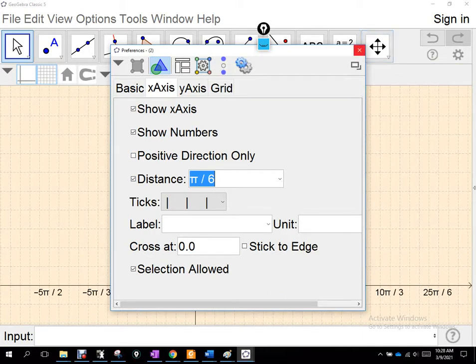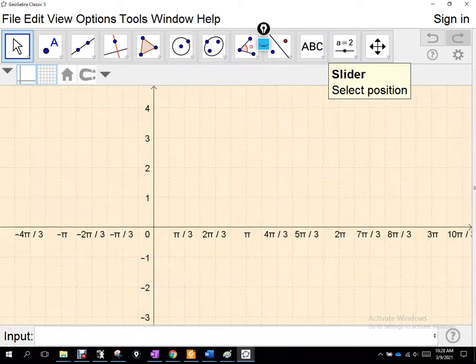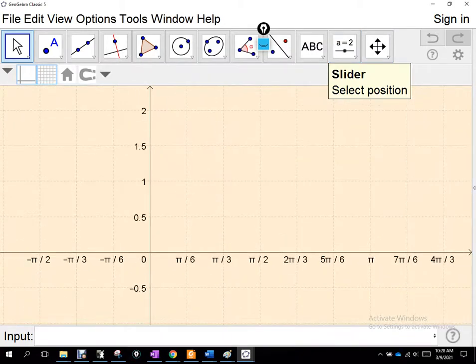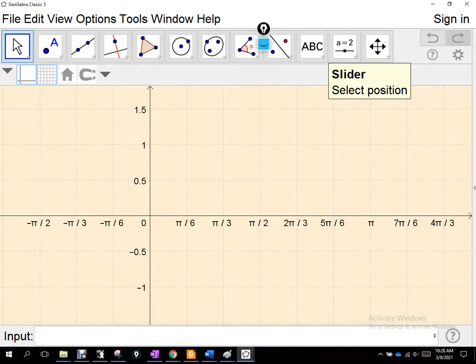I can do something like that Desmos doesn't allow me to do. Every major vertical grid line here is now a multiple of pi over 6. This is pi over 6. Add pi over 6 to that, you get pi over 3. Add pi over 6 to that, you get pi over 2. Add pi over 6, you get 2 pi over 3.